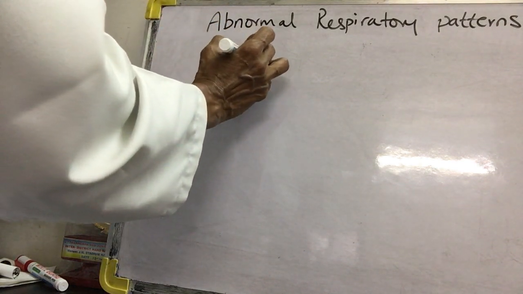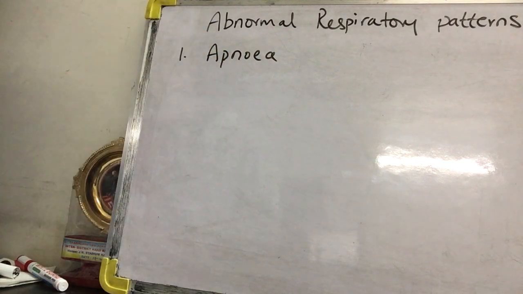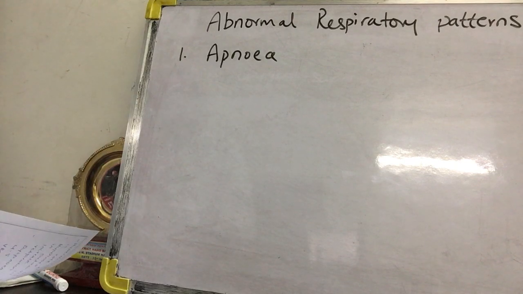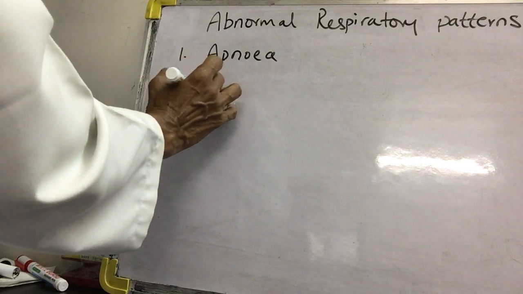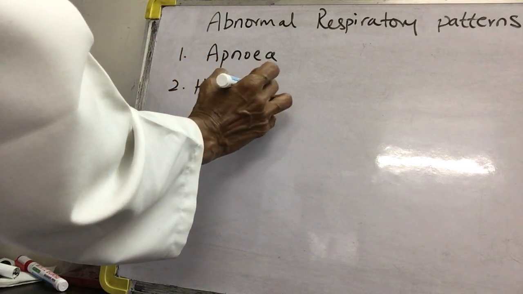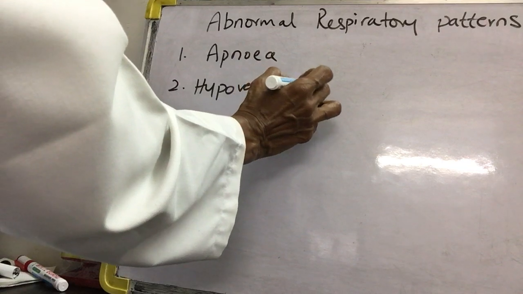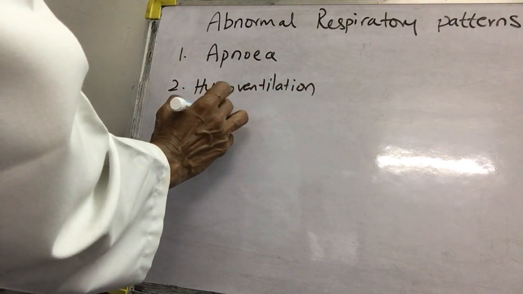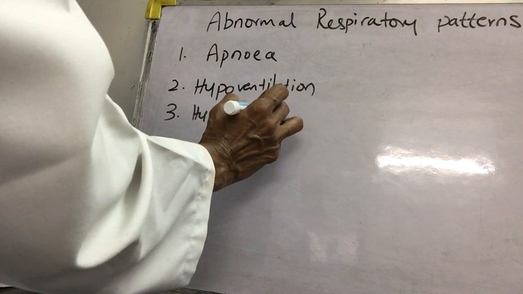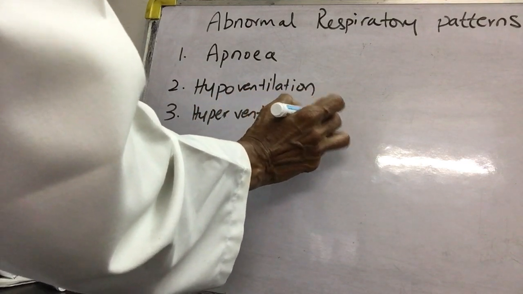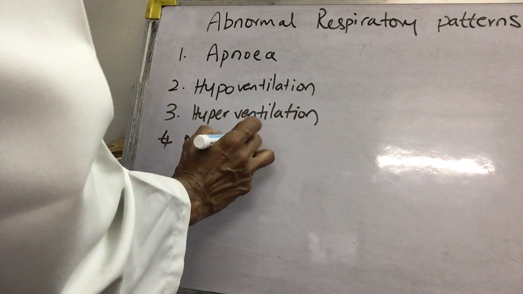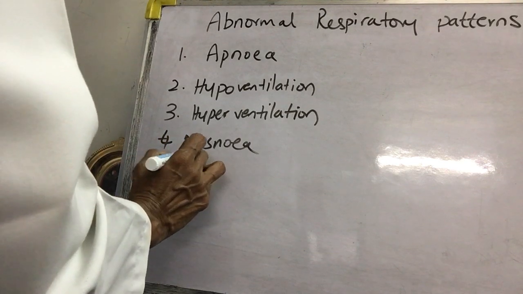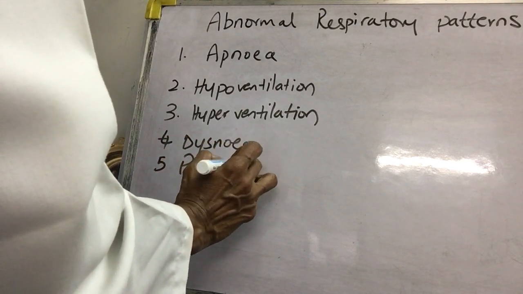Abnormal respiratory patterns can be apnea, hypoventilation, hyperventilation, dyspnea, and periodic breathing.